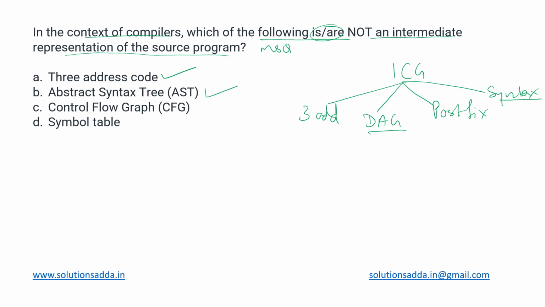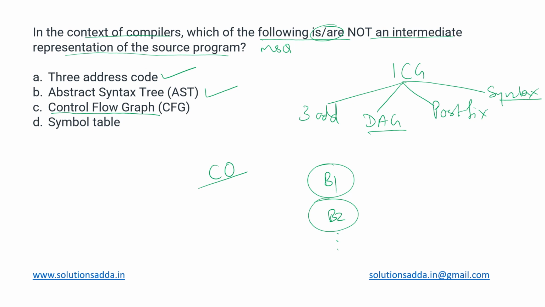Apart from that, the third one, which is control flow graphs, it's actually a step which we use in the optimization phase, the code optimization phase of the compiler design, in which there is a graphical representation of the source program in the form of blocks. We can say these are the basic blocks B1, B2 and so on, and those can be mapped with a graph.